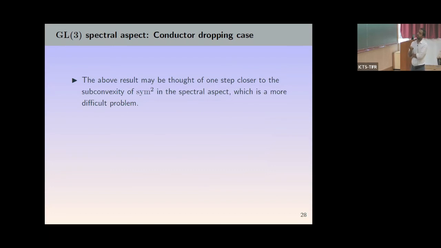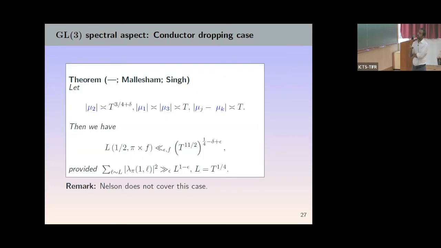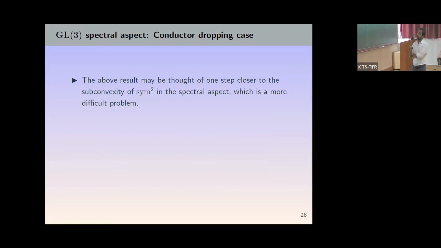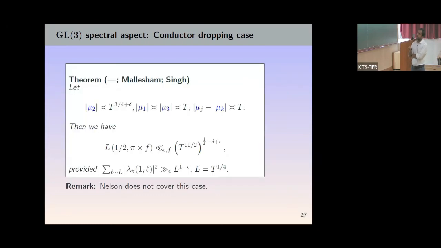The above result, this conductor dropping case, may be thought of as one step closer to the subconvexity for Sym square in the spectral aspect. In the case of Sym square, one of the parameters, mu2, will be exactly equal to 0, and mu1, mu3 will be of size T. So in the case of Sym square, the conductor will be just T square, much smaller than what we have here.